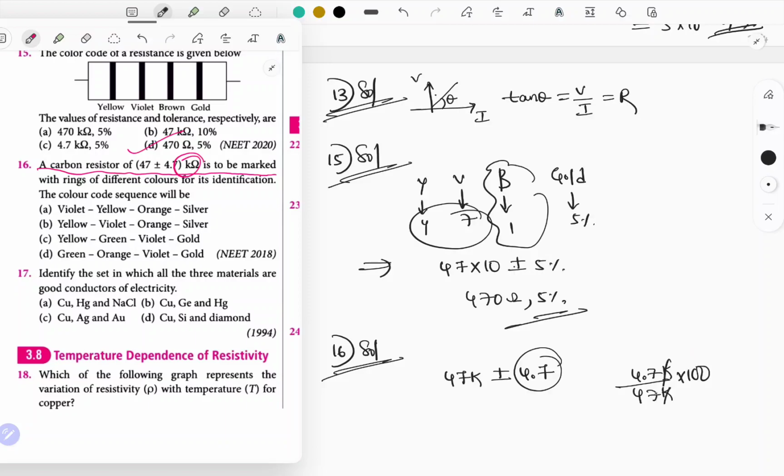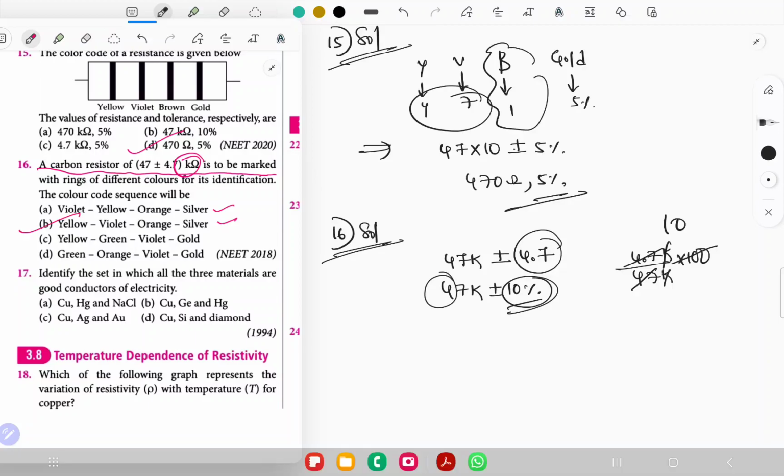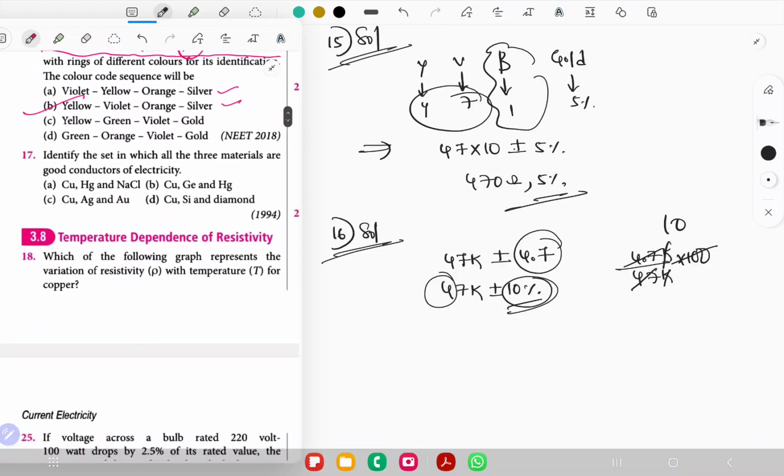So kilo will get cancelled. It can be cancelled as 10%. That means 47k plus or minus 10% is the answer. 10% in the sense last, it is going to be definitely silver. So the first two options are possibilities. 4 represents yellow, right? So option B is the correct answer, which matches here.